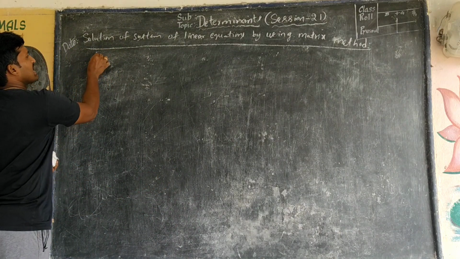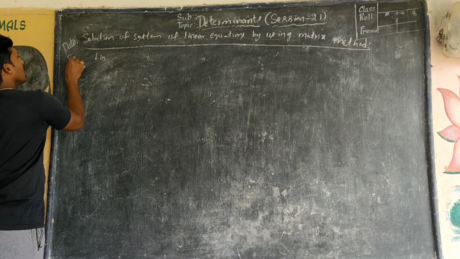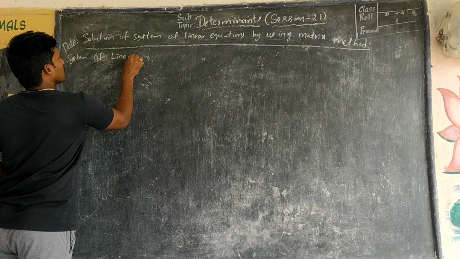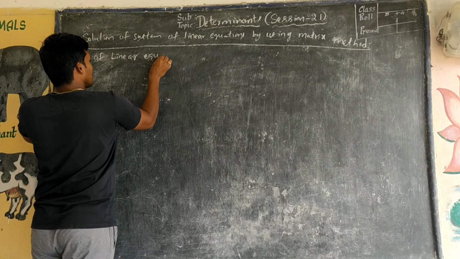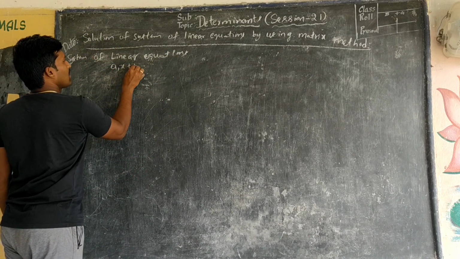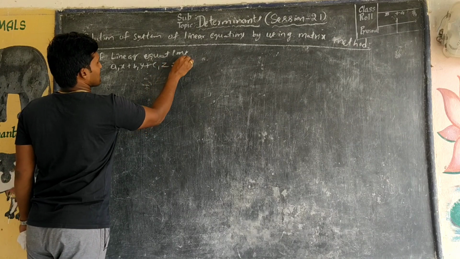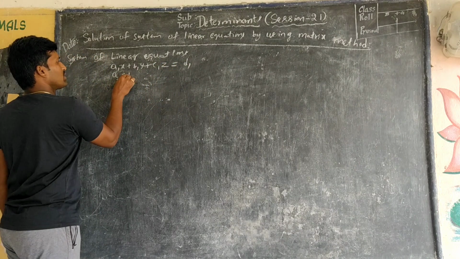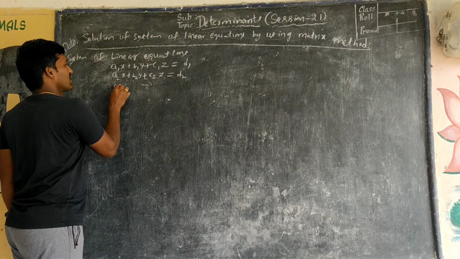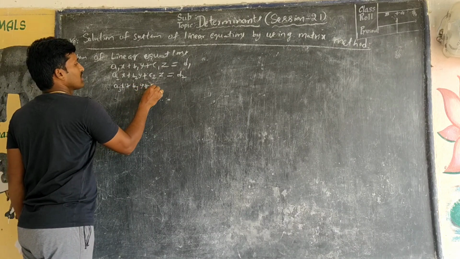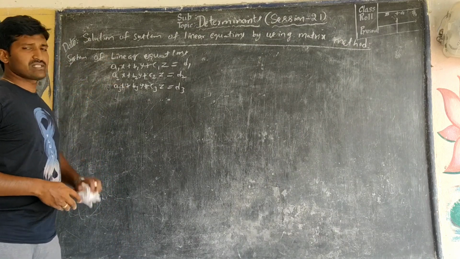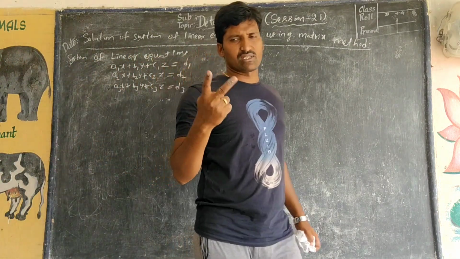Now the system of linear equations for three variables is given like this: a1x plus b1y plus c1z equal to d1; second equation a2x plus b2y plus c2z equal to d2; third equation a3x plus b3y plus c3z equal to d3. In three-variable equations there will be three equations, and with two variables there will be two equations.